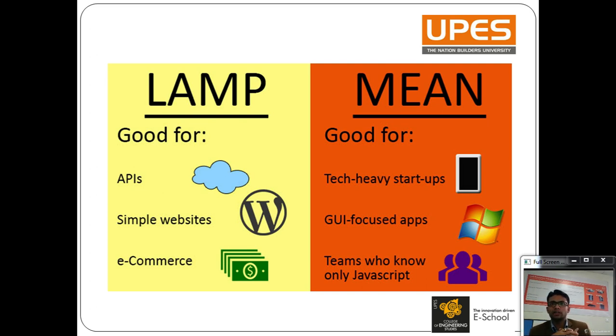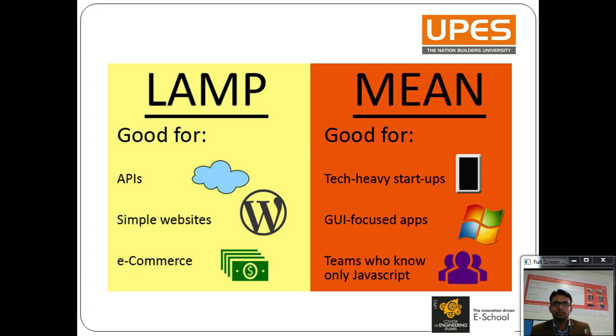So if I'm working with a team that knew PHP well but wasn't experienced with Node.js, then it probably wouldn't be worthwhile to teach the whole team a new development platform, or vice versa. You need to stick with what you know. So deciding between LAMP and MEAN is really project specific.